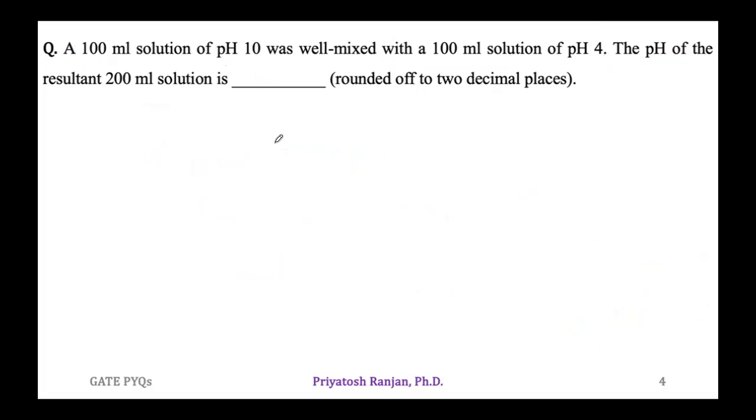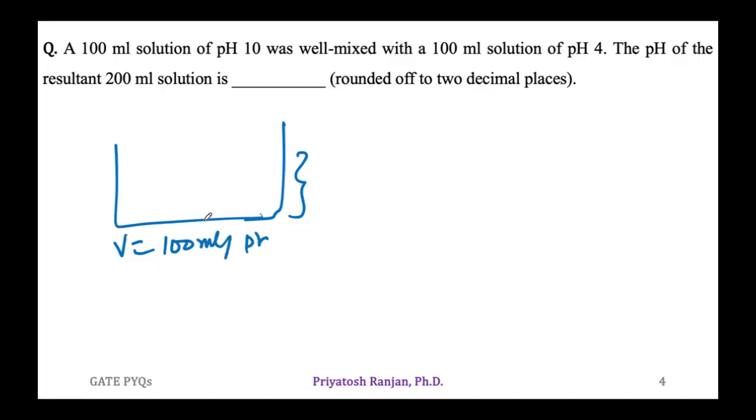Now, what we can do, we can calculate the pH. So let me redraw this diagram. So initially for the first solution, the volume given was 100 ml, pH given was 10. Concentration of hydrogen ion we calculated was 10 raised to power minus 10, and the moles was 10 raised to power minus 11.